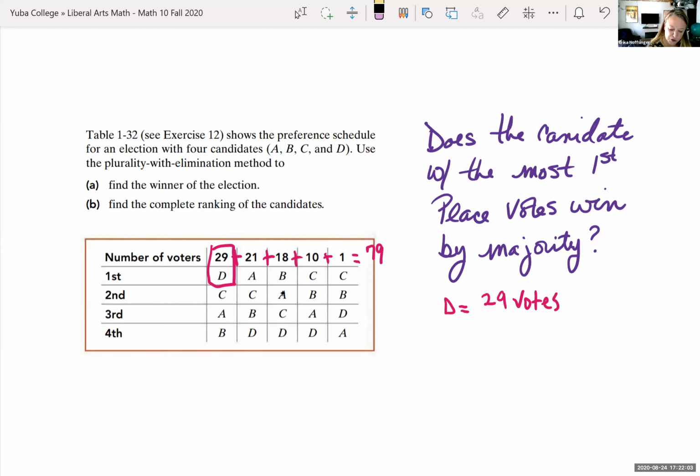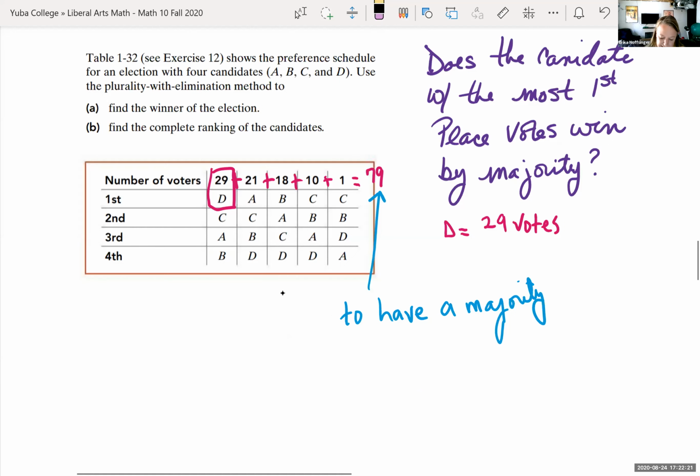To have a majority, though, we need to figure out what this is divided by 2, and then round it up to the next integer. So 79 divided by 2. Well, 2 goes into 7 3 times.